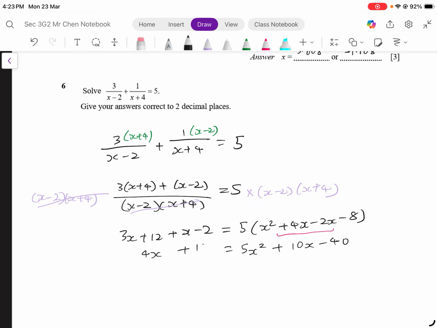Then 4x plus 10. Okay, so this is positive, so I'm just going to bring everything to the right side. So 5x squared plus 10x minus 4x minus 40 minus 10, giving 5x squared plus 6x minus 50.